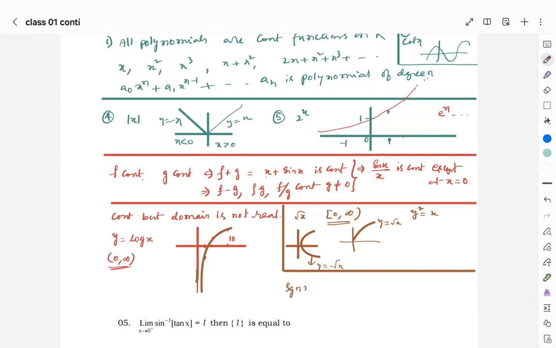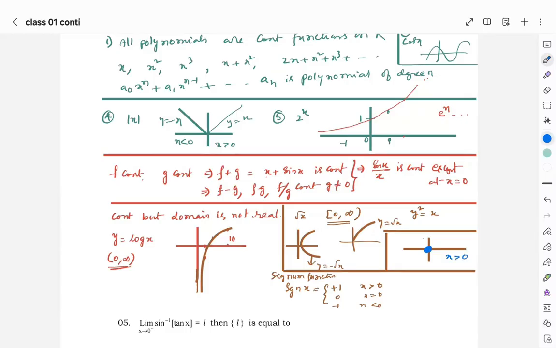Signum function is defined as plus 1 for x greater than 0, minus 1 for x less than 0. So the graph looks like this on a coordinate axis. For 0, it is 0.